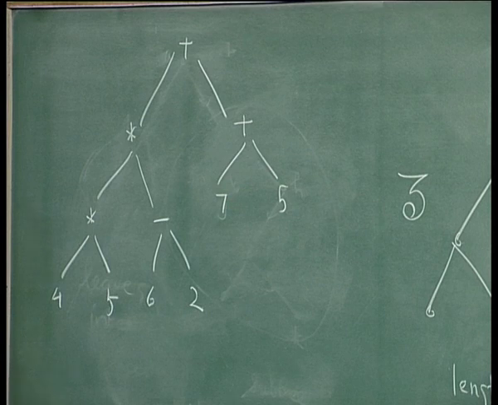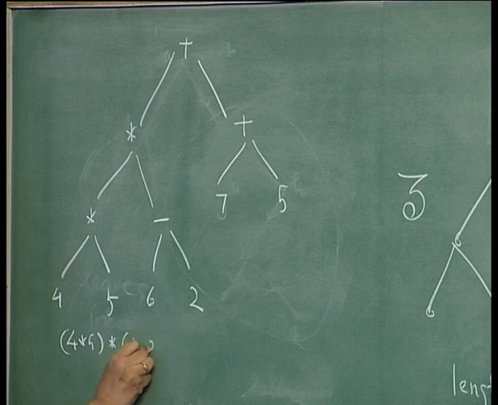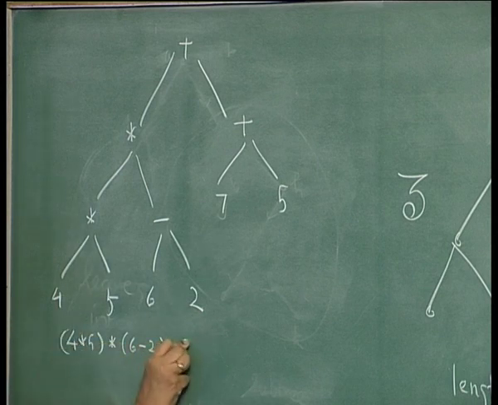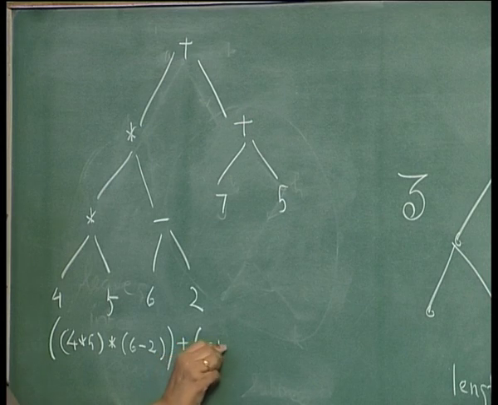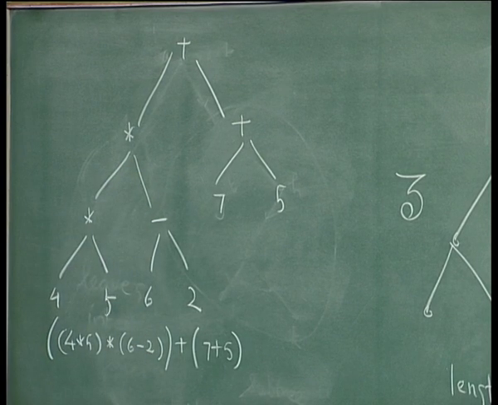What does this tree represent? This tree represents an arithmetic expression and you can write it like this: 4 star 5 star 6 minus 2, that is this portion, and it should be added to 7 plus 5. This arithmetic expression is represented as a tree like this.